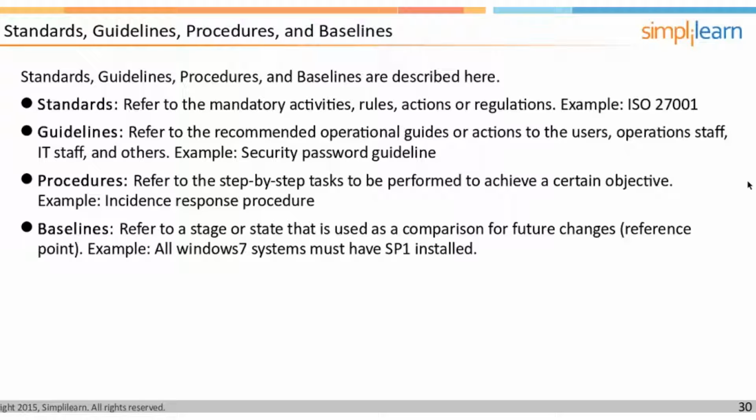But you need to understand that baselines are discretionary, which means it's perfectly acceptable if you're able to harden the system following another method, as long as it's as secure as a system hardened using those baselines. Like I mentioned, this is not really mandatory. It's discretionary.